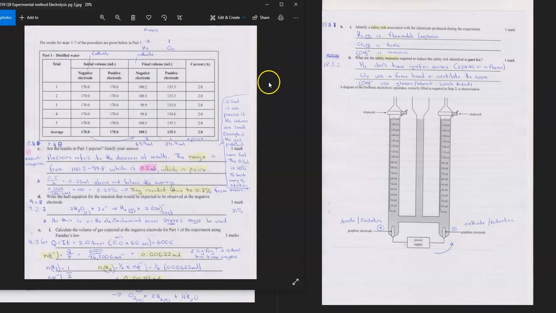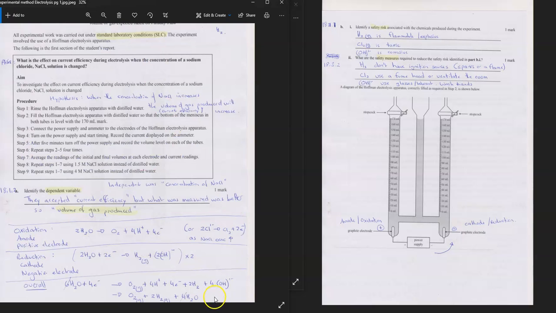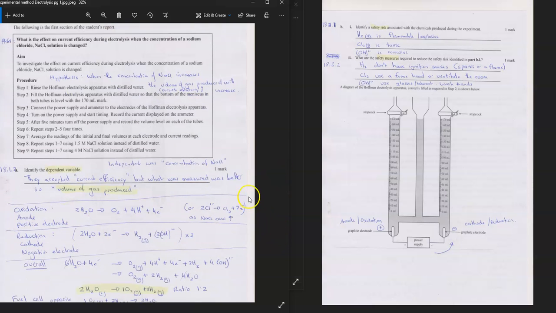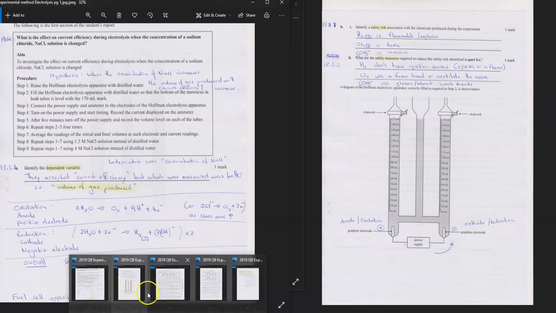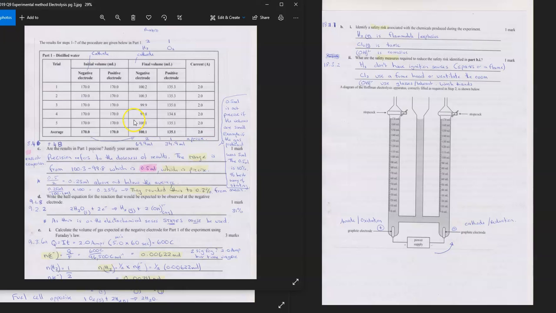So once you know that you're making hydrogen and oxygen, and hydrogen is in a 2-to-1 ratio when you look at this here, 2 hydrogens for every 1 oxygen, then you can start to recognize what's going on with these numbers.